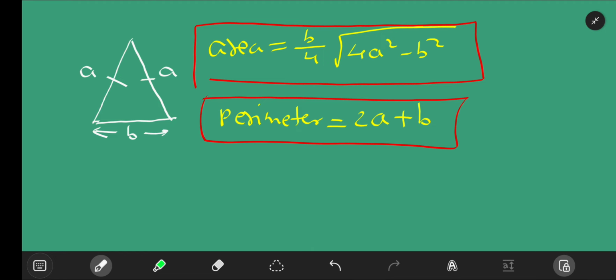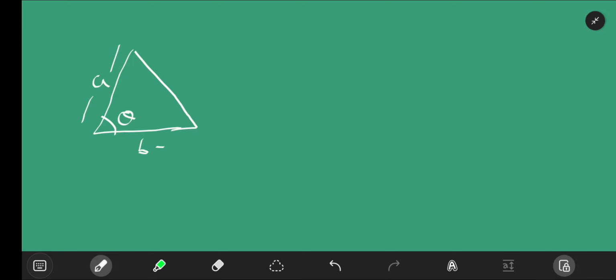Okay, next type of triangle, here they are given the triangle and one angle and the sides. When a triangle is given and two sides are given, the angle in between the given sides is given.